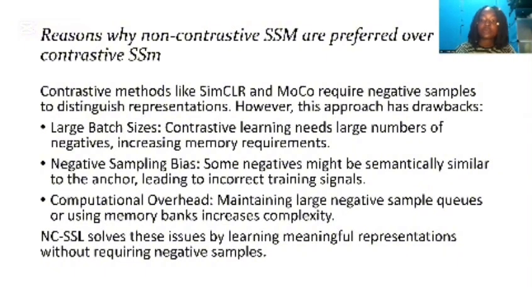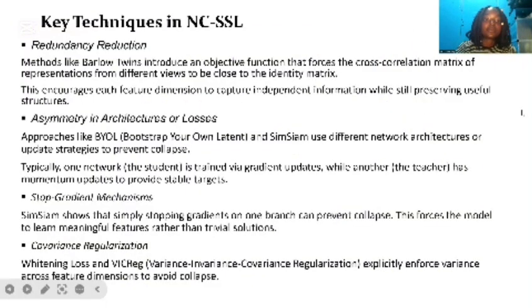Then it also avoids collapse through other mechanisms: while contrastive learning prevents collapse using negative samples, this one achieves it through techniques like redundancy reduction and architectural asymmetry. So non-contrastive self-supervised learning solves these issues by learning meaningful representations without requiring negatives.